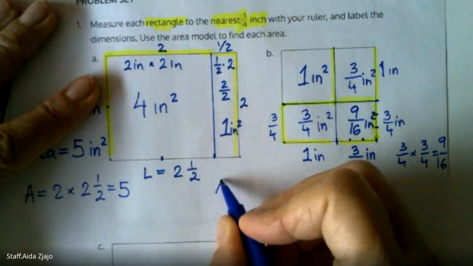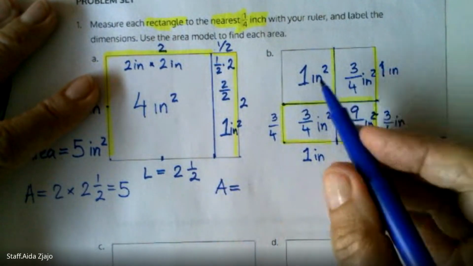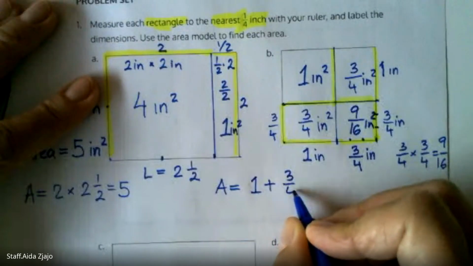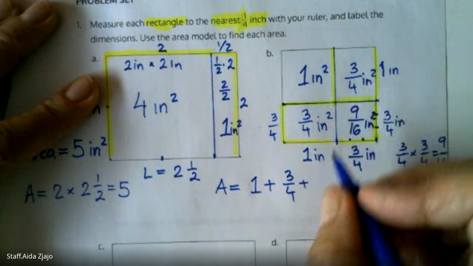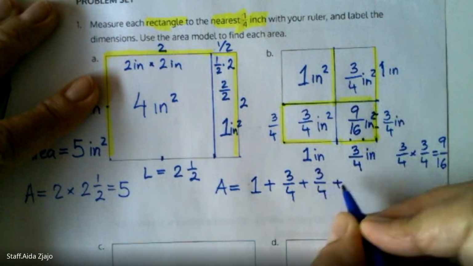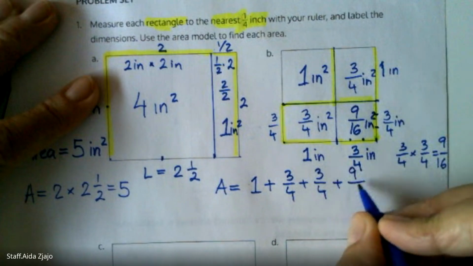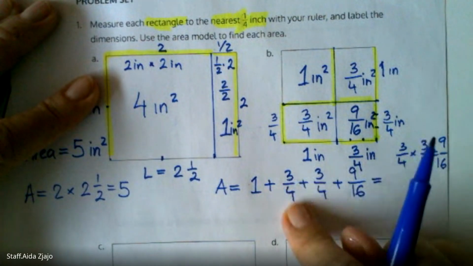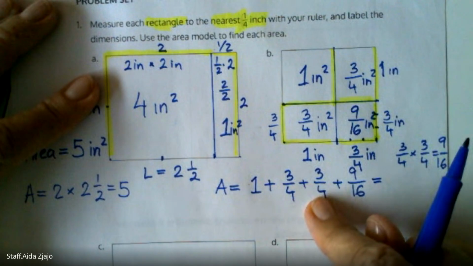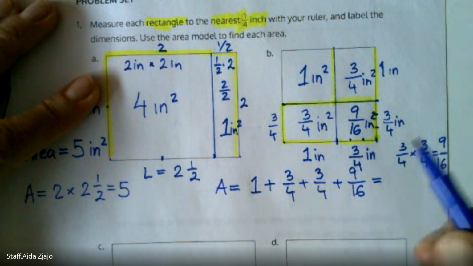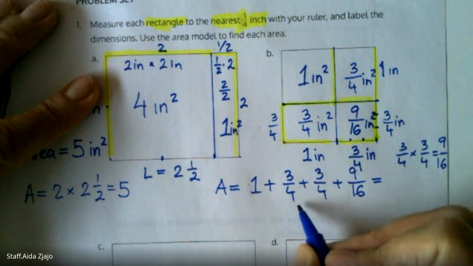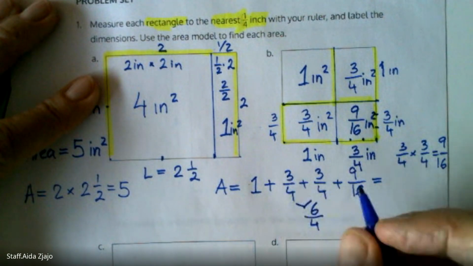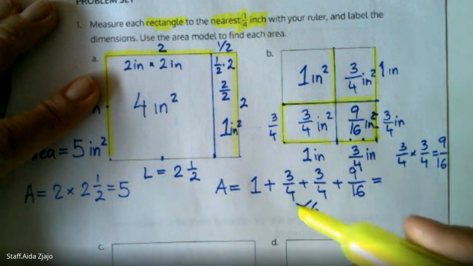We can say that area equals 1 whole inch plus 3/4 plus 3/4 and plus 9/16. 3/4 and 3/4 make 6/4. Adding the pieces, which are fourths, how many do we have? 3 plus 3, 6 pieces.